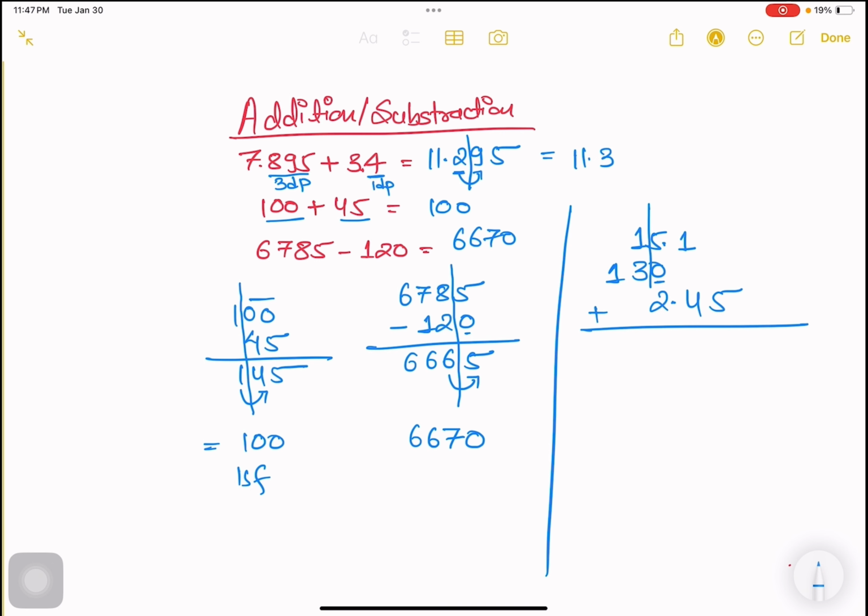I will draw a line there, and I will get 147.55. Because my line crosses here, I can have only 2 sig figs in my answer. The next number is 7, so it will be 150. Okay, so it has 2 sig figs.